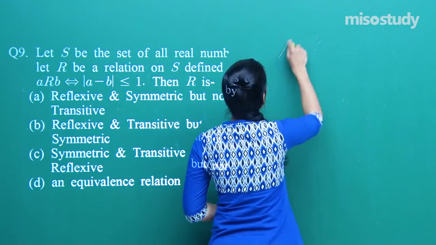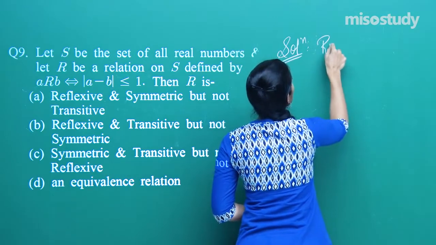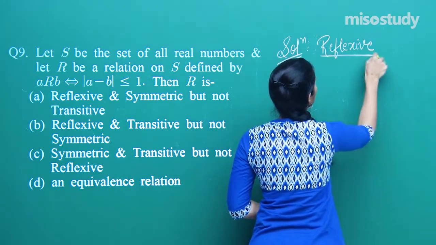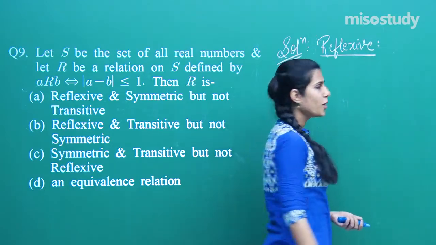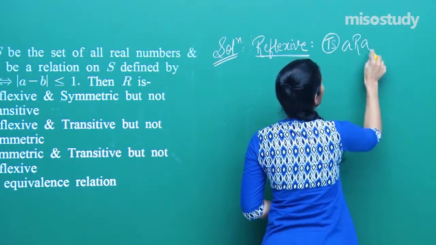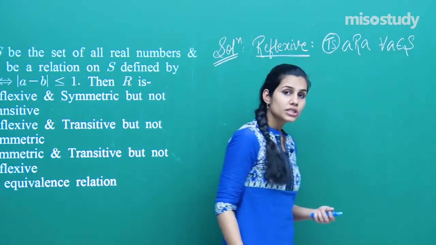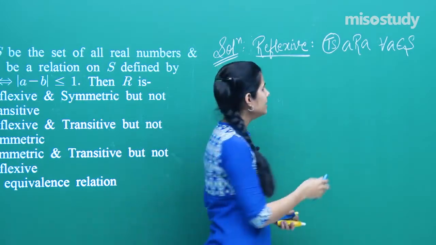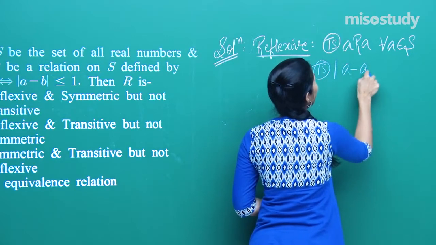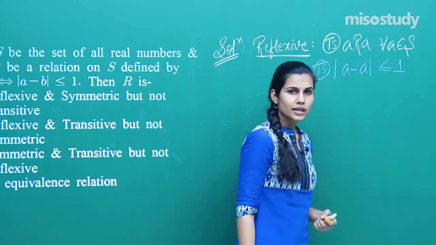Let's start with the very first thing, that is checking whether this relation is reflexive or not. For that, we need to show A is related to A for every A belonging to the set of all reals, which here is denoted by S. That means I have to show distance between A and A is less than equal to 1.